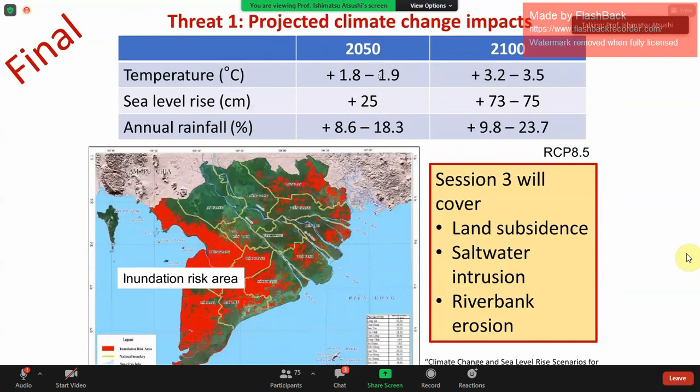I still used the temperature, sea level rise, rainfall table up here, but I dropped the 2 other maps and only used this one for sea level rise, okay? Which is the most important message I would like to tell my audience at this symposium.